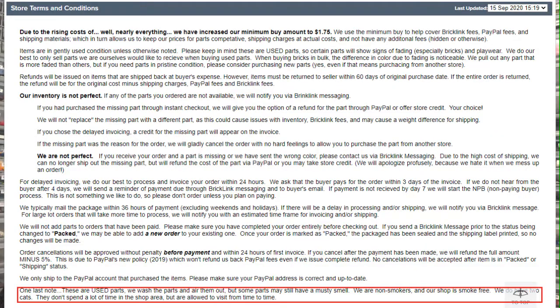There is one more part that you may want to consider putting in your terms and conditions, and this is the environment that the parts are coming from. If you are a smoker, that's totally up to you. That's your personal choice. But when it comes to selling on Bricklink, you want to be sure that you are telling that in your terms and conditions. The one thing I have seen quite a bit when I look at people's feedback, if there's neutral or negative feedback, a lot of it will be because of the smell of the parts.